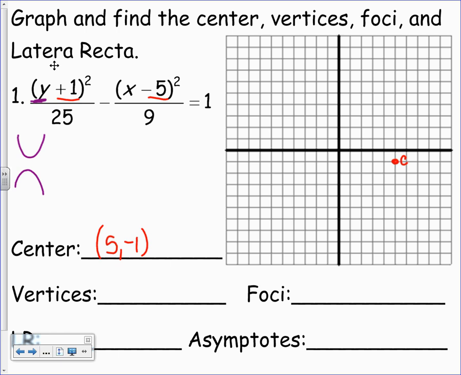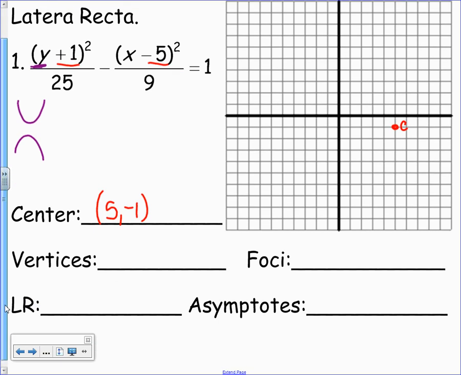Vertices. My vertices are going to be found by taking this a value. So a squared equals 25, a equals 5. This is underneath the y value, so we're going to go up and down. So my vertices are up 5 and down 5. 1, 2, 3, 4, 5. There's a vertex. 1, 2, 3, 4, 5. There's a vertex. So those points are (5, 4) and (5, -6).